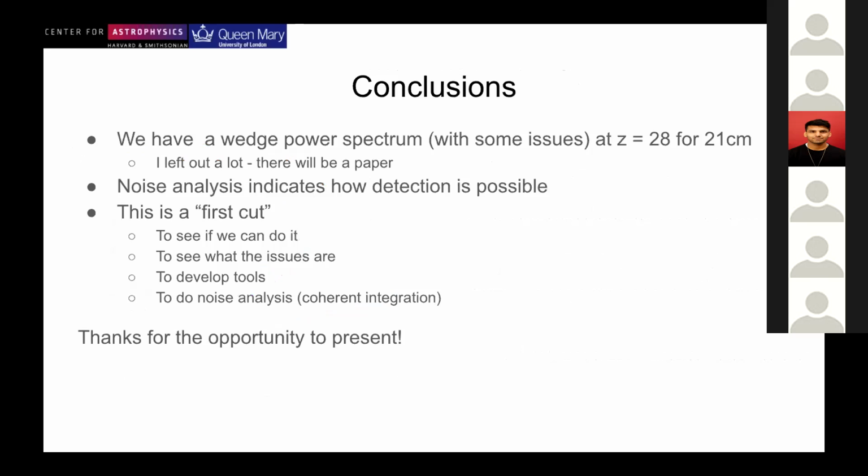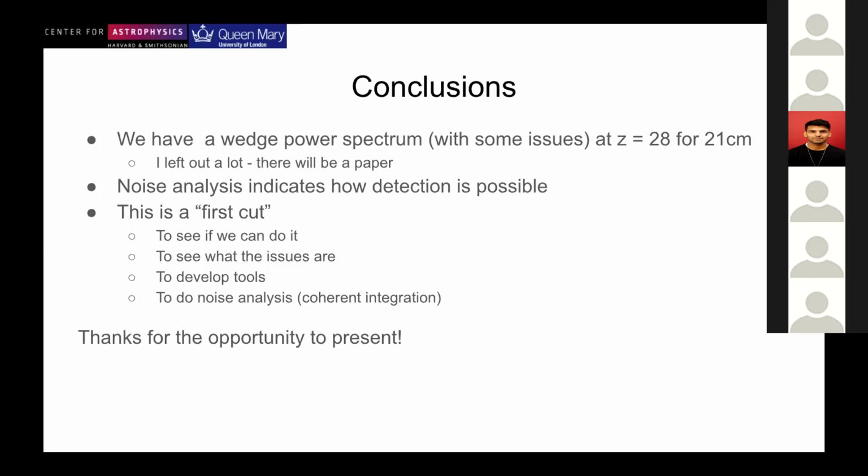So in conclusion, we have a wedge power spectrum with some issues, observing at z of 28 for the 21 centimeter power spectrum. Obviously, I've skimmed over the work and left out a lot, but hopefully there'll be a paper coming. The noise analysis indicates that we could make a detection according to some models.